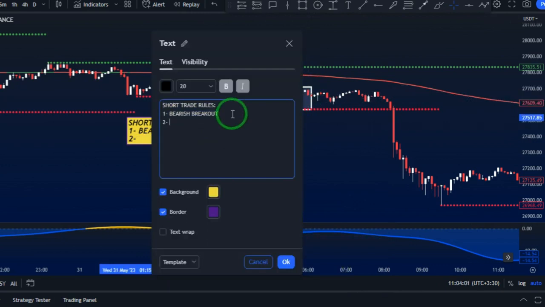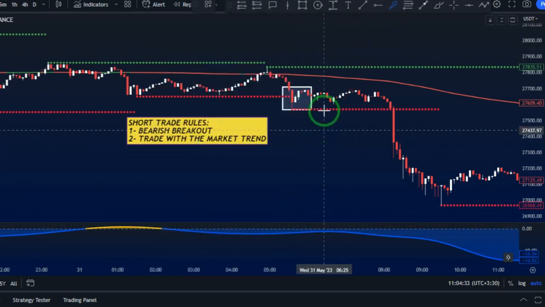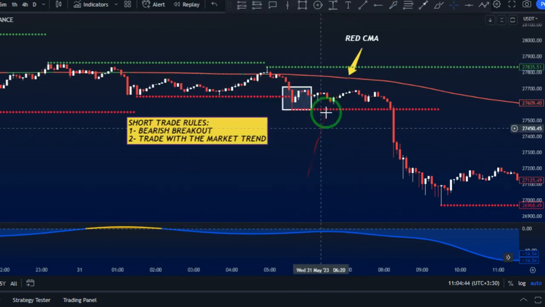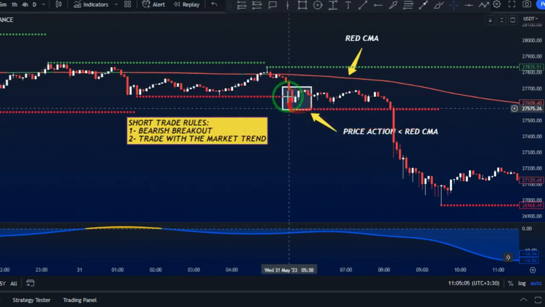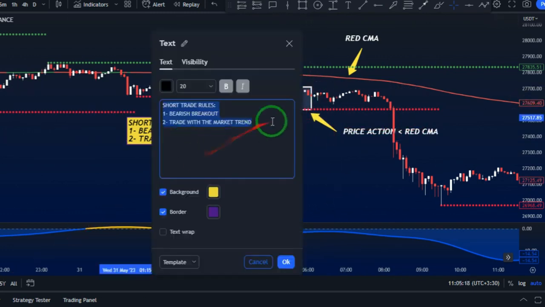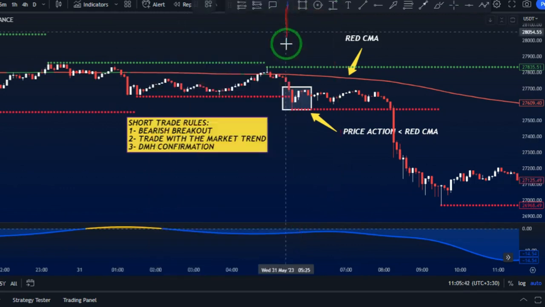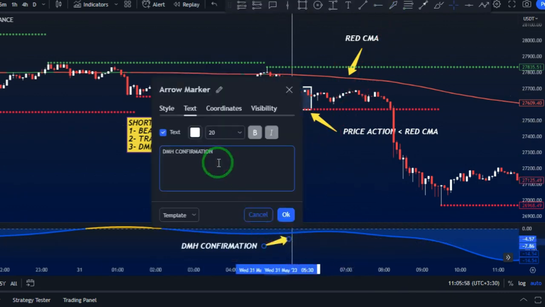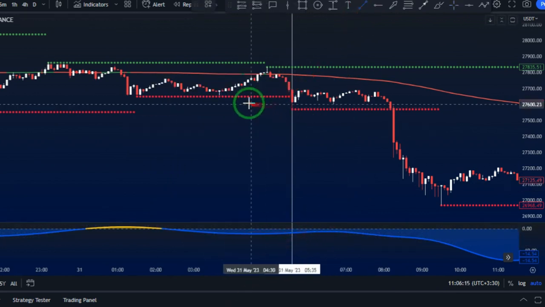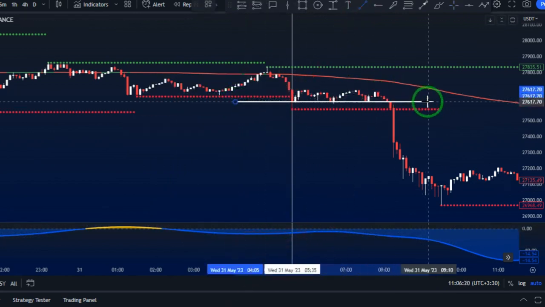Next, the CMA and DMH indicators must be signaling a downtrend, with the CMA sloping downwards, and the DMH indicator below the zero line and blue. So once all three indicators align, you can enter a short trade.